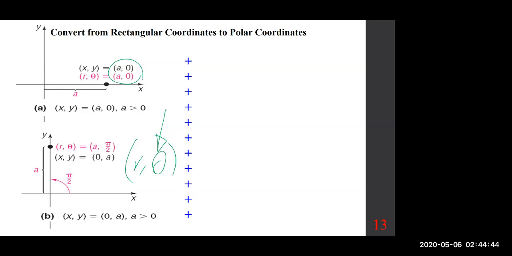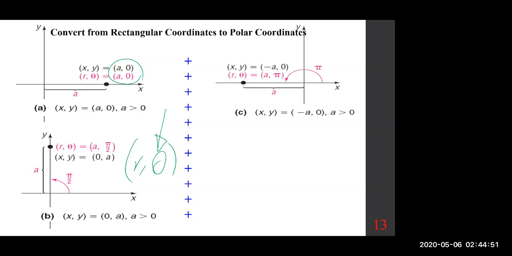So positive side of x, positive side of y. Let's look at the negative side of x-axis, I'm sorry. A units from the x-axis, your r stays the same, a, in the case of a polar.